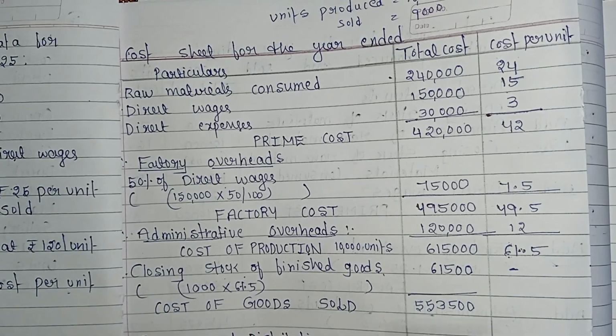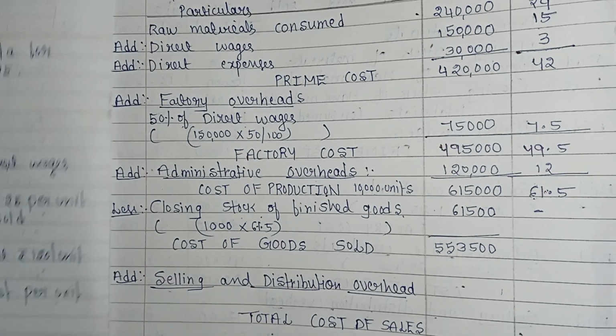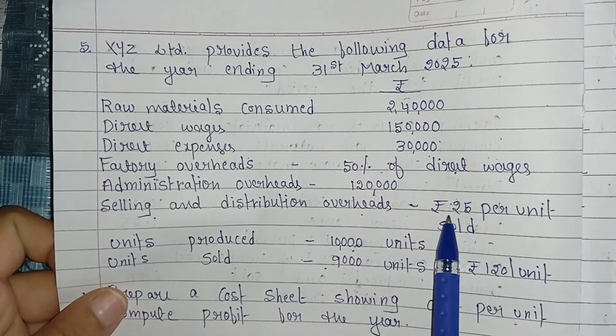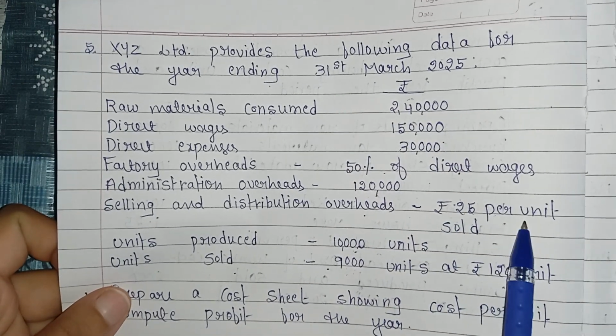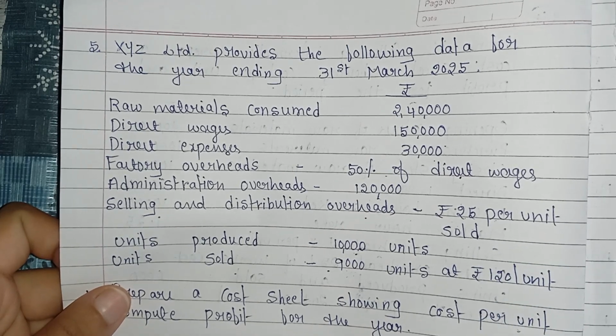Clear? Now next one, selling and distribution overheads. That is rupees 25 per unit sold.